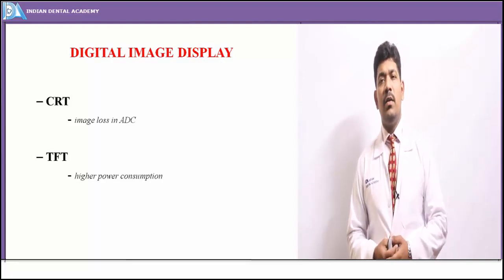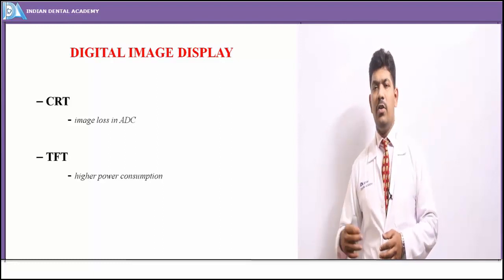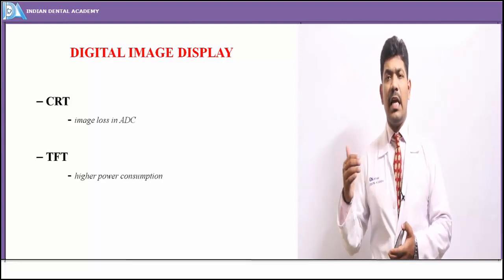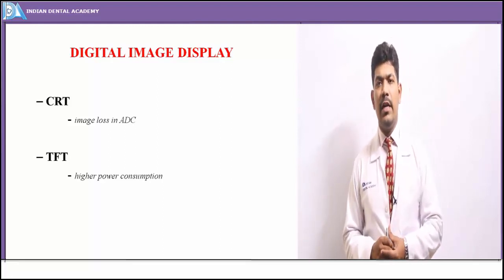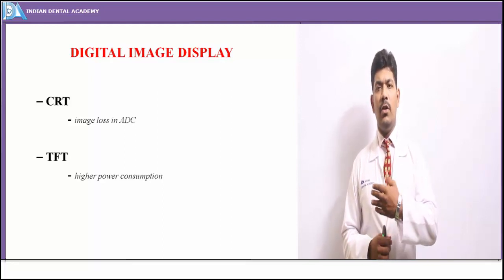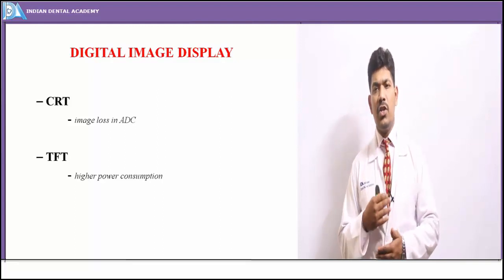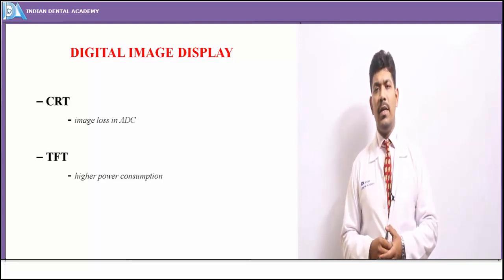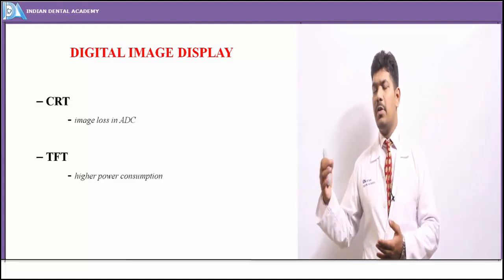The image readout is primarily done in two different ways, your CRTs and your TFTs. Your CRTs is nothing but cathode ray tubes, which is the most conventional, the traditional kind of readout display, found in your old time TVs or your desktops. The primary disadvantage with that is the bulky nature of this monitor display, and the ease of use is much lesser when compared to TFTs.